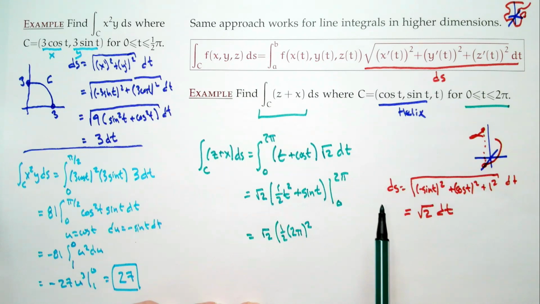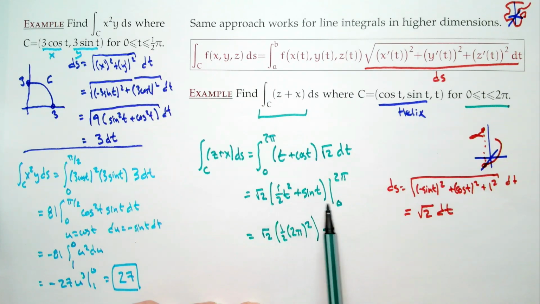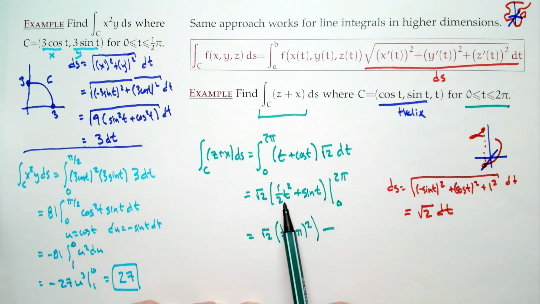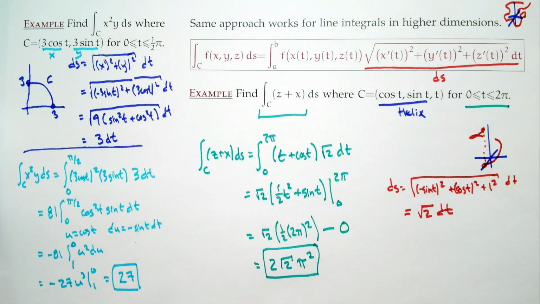It's the same as sine of 0. Okay, subtract. What happens when we plug 0 in? We'll get 0, because sine of 0 is 0, and 0 squared is 0. 0 squared is 0 even after we multiply it by half. It's really hard to recover from 0. All right, so if we clean this up, when we square 2, that'll give us 4 times half is 2. So we'll end up with 2 square root of 2 pi squared. And that's our answer.